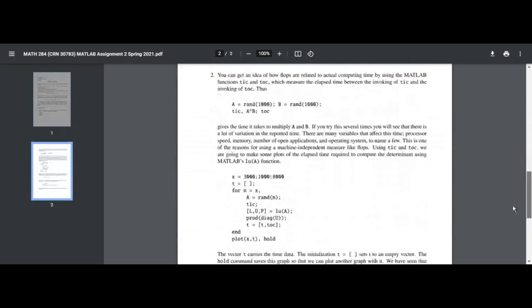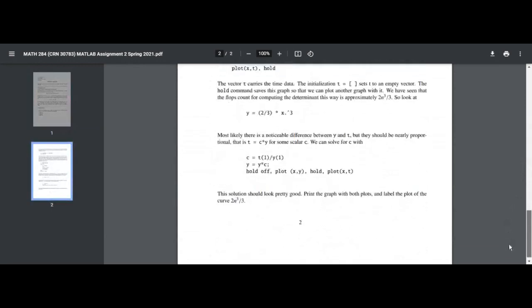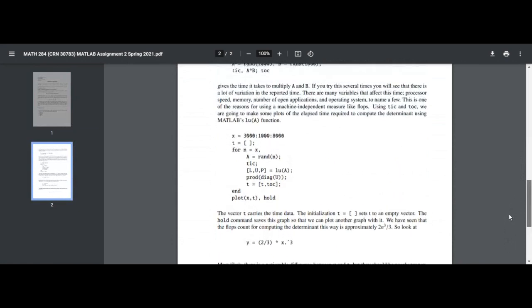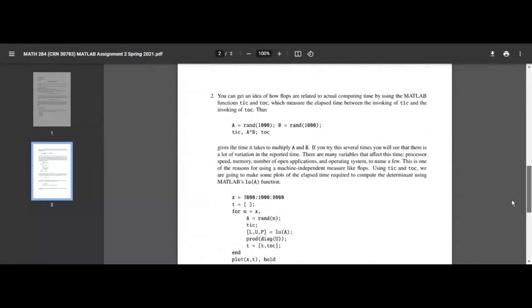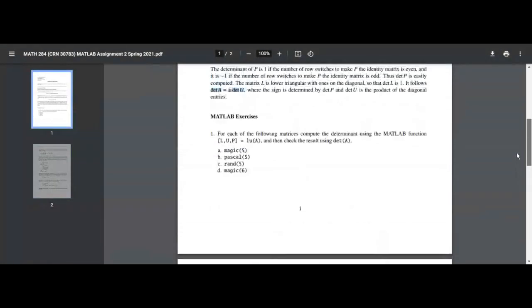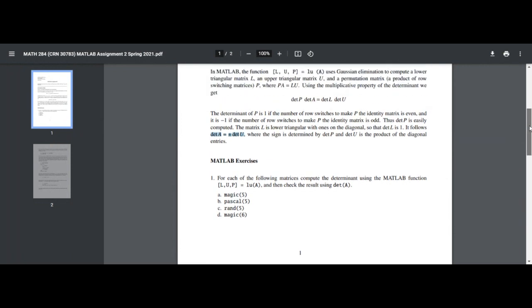And so you have several exercises in MATLAB assignment 2. Okay, several exercises. And now I think it should make better sense. Are there any questions?